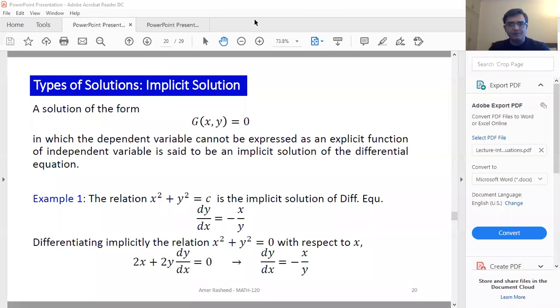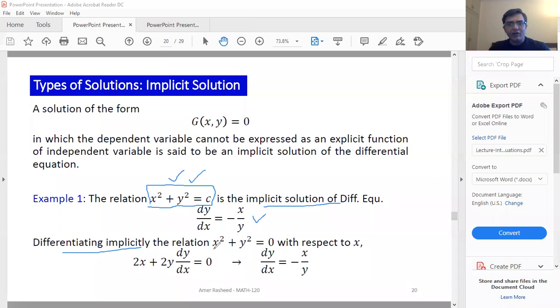For example, this relation is an implicit solution of this given differential equation. We can verify in two ways whether this is a solution of the differential equation or not. How? We can take the derivative of this function, differentiating implicitly. I hope you know what implicit differentiation is.